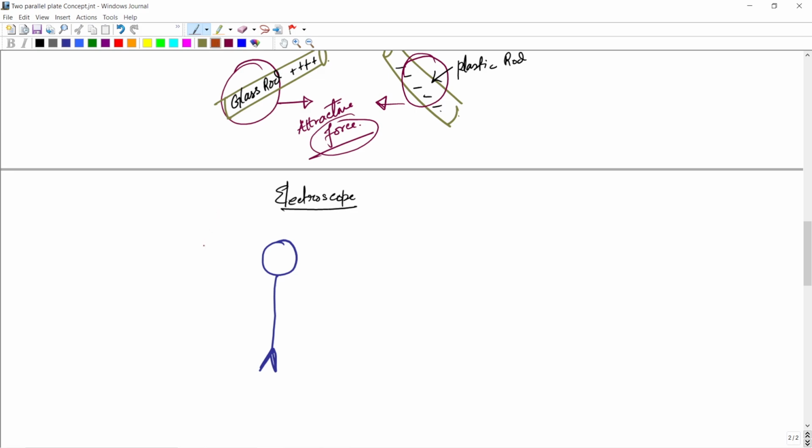If a positive glass rod touches the metal ball, we see that the metal ball has positive charge.